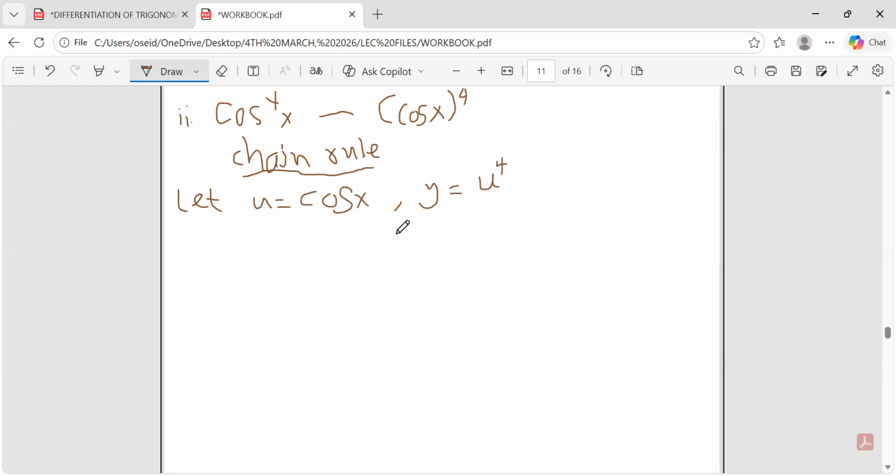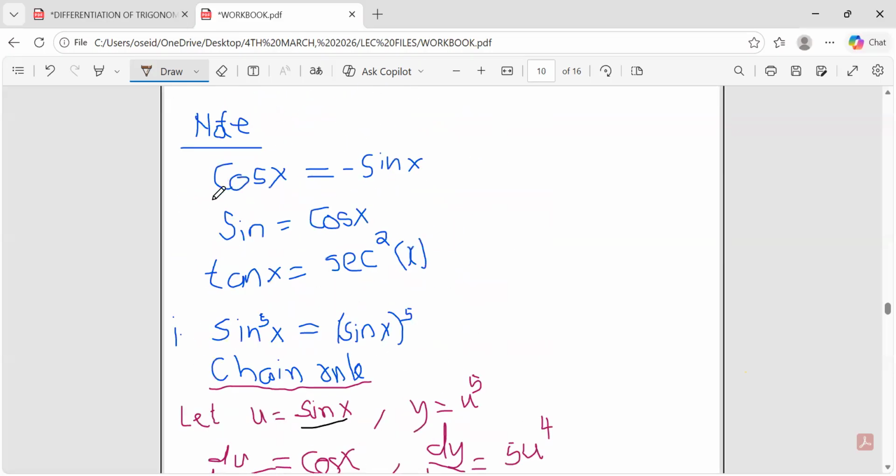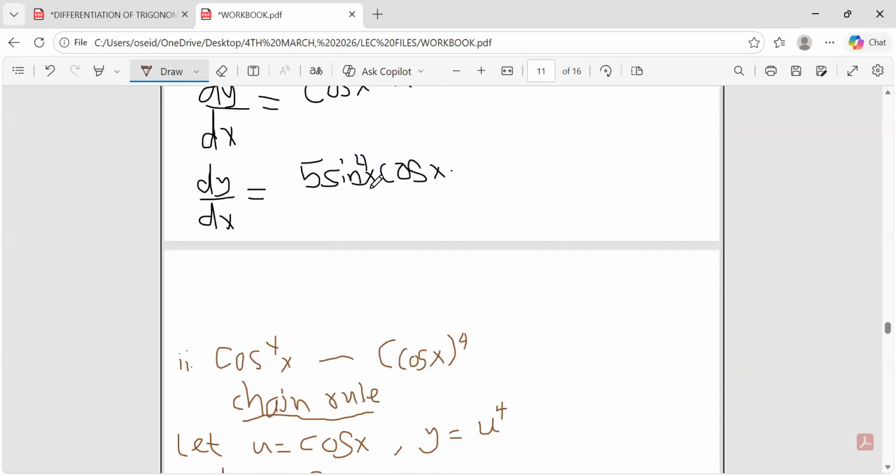All right. Now we differentiate u with respect to x. So du dx is equal to negative sine x. Yes, negative sine x, as we talked of earlier before the class.